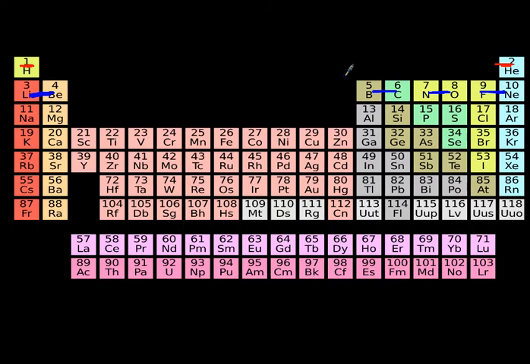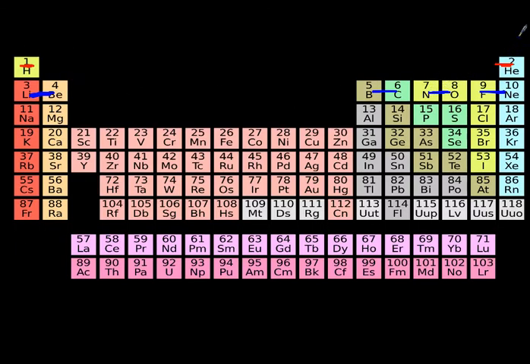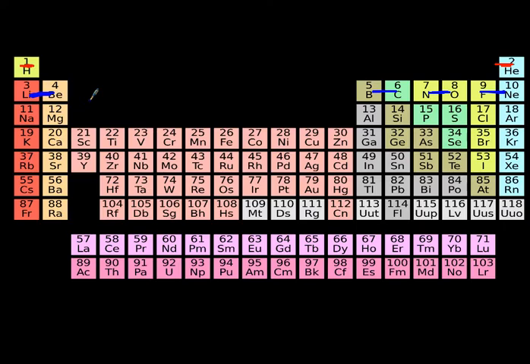So that's 1, 2, 3, 4 total orbitals, so that works. 1 of those orbitals was in the S, and 3 of them were in the P, right? Maximum electrons, 4 times 2, means there should be 8 electrons, which is what we saw. There were 8 elements across that fit in row 2. So there's 8 across here, 6 here, and 2 here.